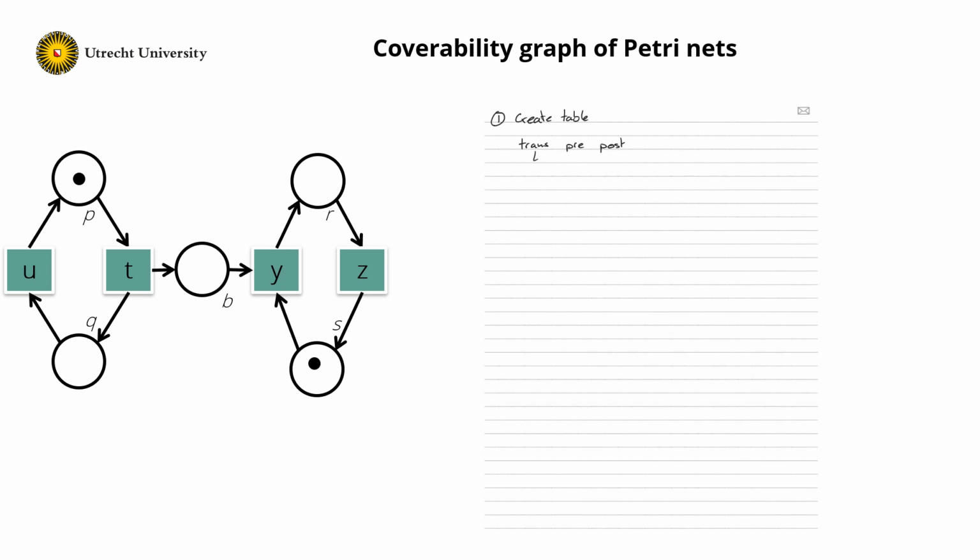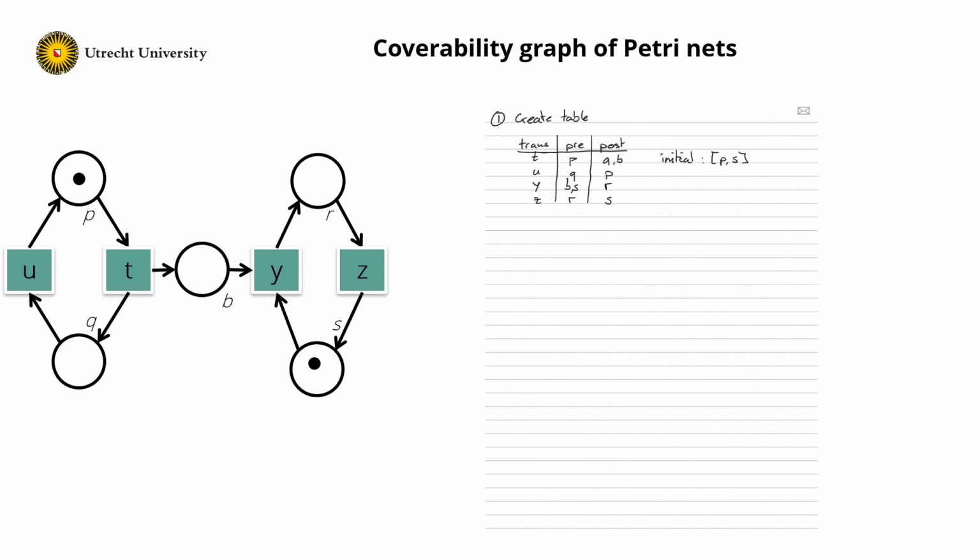I have transitions T, U, Y, and Z. Transition T has a preset P and has post sets Q and B. Transition U has its preset place Q and has post set place P. Transition Y consumes from places B and S and produces in place R, and Z consumes from R and produces in S. The initial marking is one token in place P and one token in S. And I will omit the brackets for the remainder of this talk.